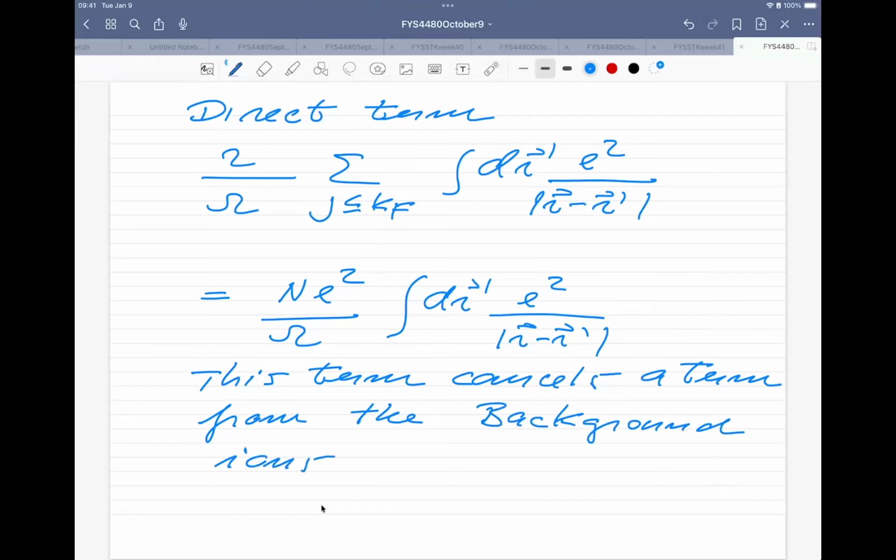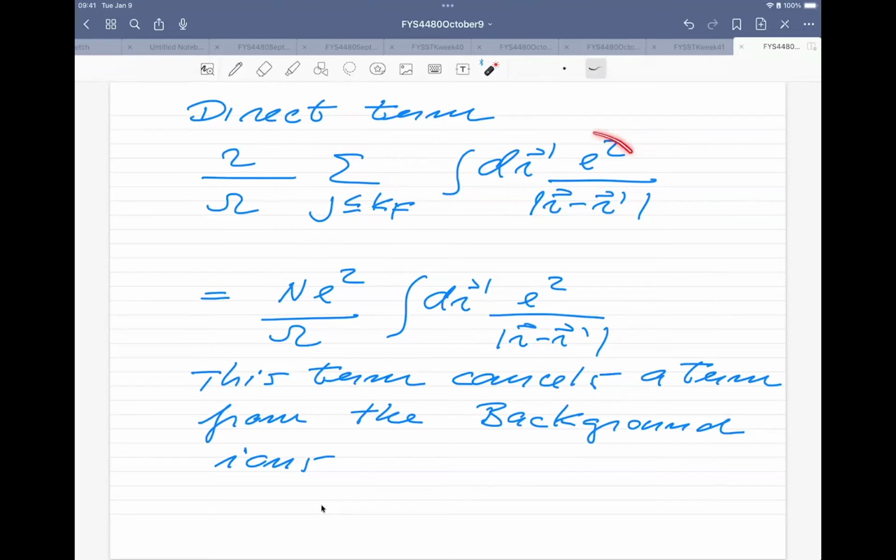Okay, let me just ask you one thing first. How could I convert this term into that one? That's the number of particles, right? So this sum does not affect what we have here.